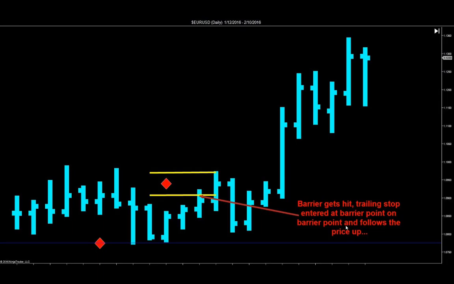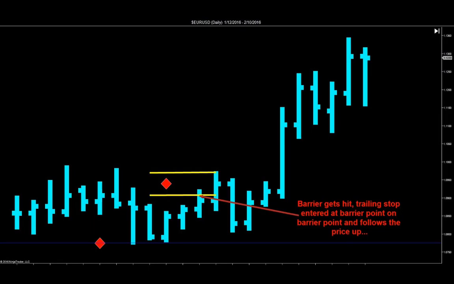Now the question about this is, what's the ideal trailing stop? The reason it's different on all instruments is because no two instruments are alike.